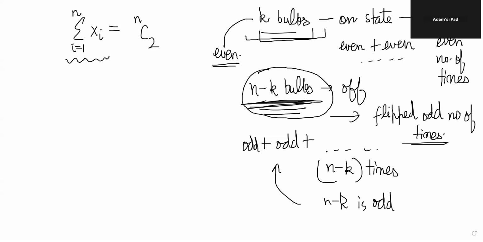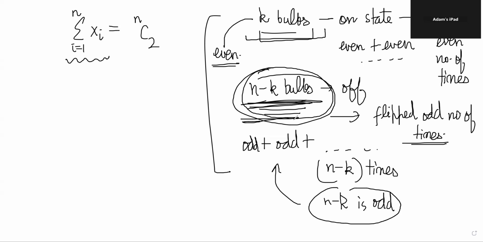So finally, the total parity will be decided by this only. If N minus K is odd, the total parity is odd. But if N minus K is even, then this is also even, and the total is even.